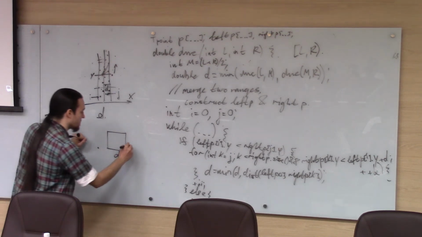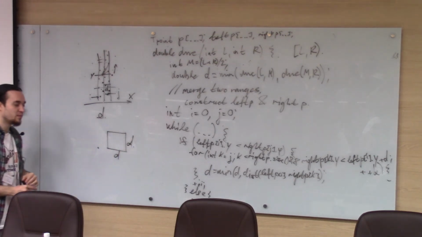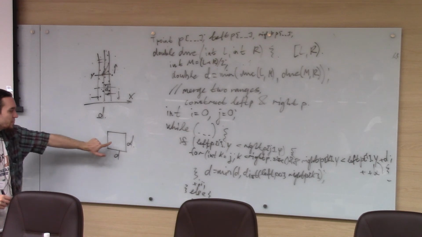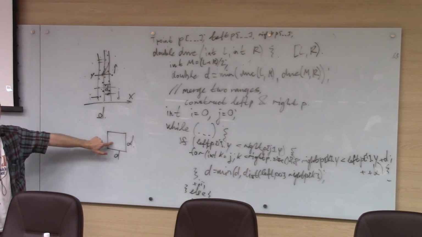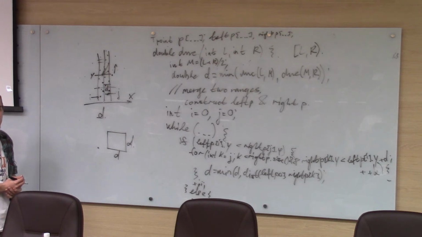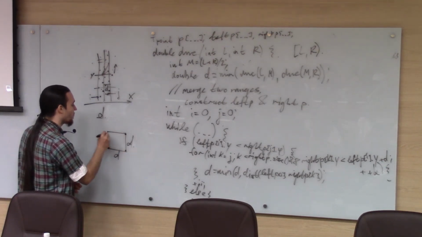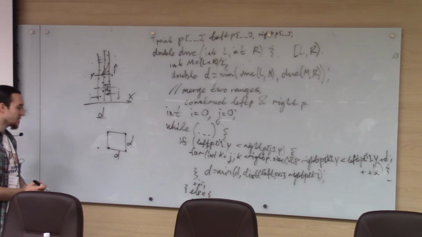So the square is d by d. How many points can be inside the square, provided that they are at least d apart? You can see that not many. You can probably place 4. I don't know if you can place more than 4. Probably not.